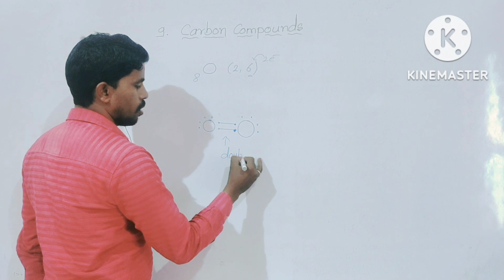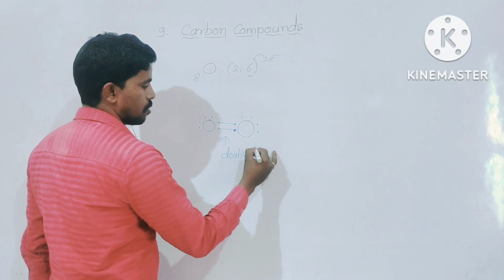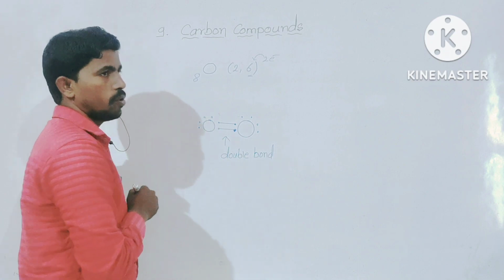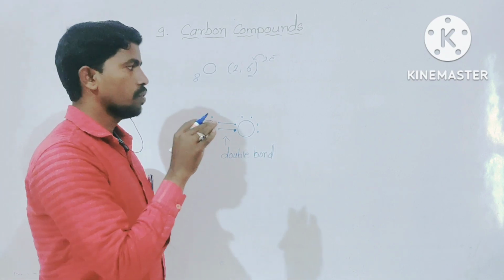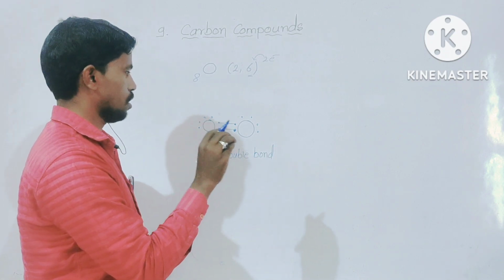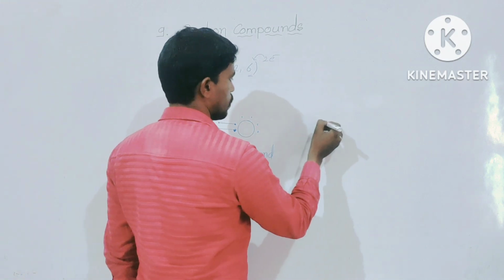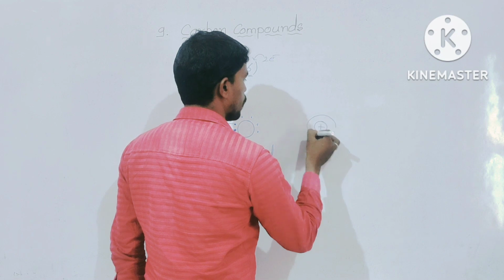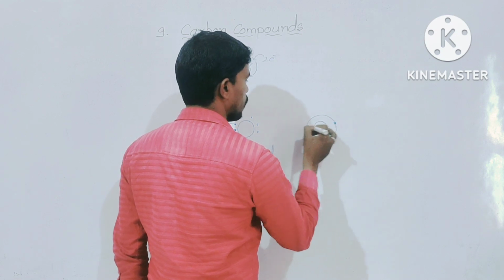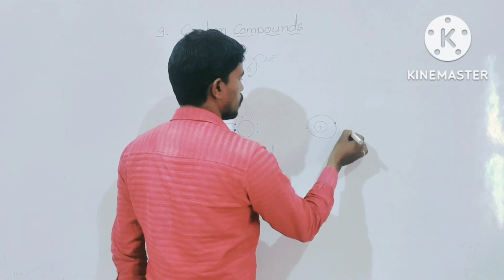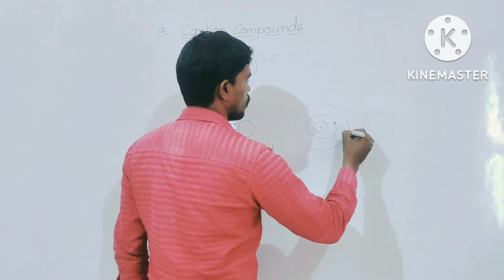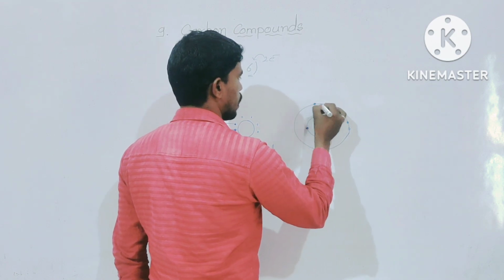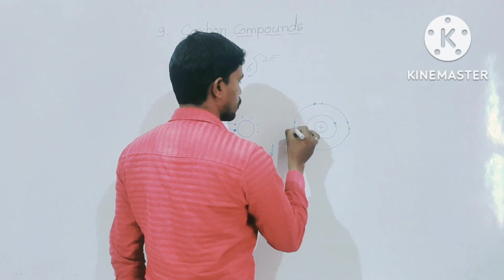This is the double bond, which is covalent, and this double bond can be represented using an electron dot structure. Here this is the nucleus, this is the first shell which contains 2 electrons, this is the second shell which contains 6 electrons. Here these are the 6 electrons.